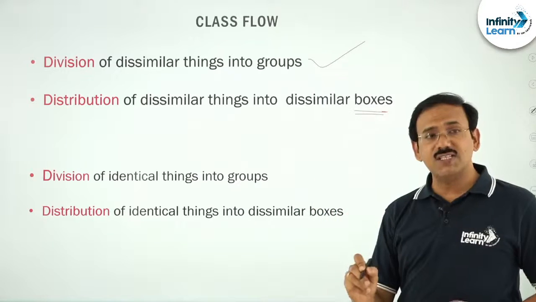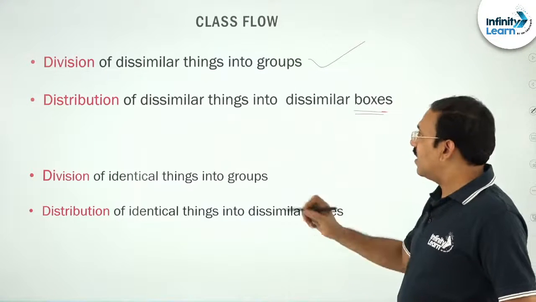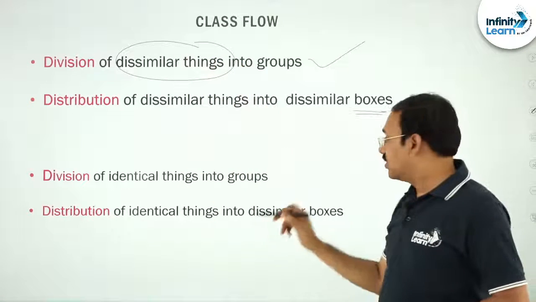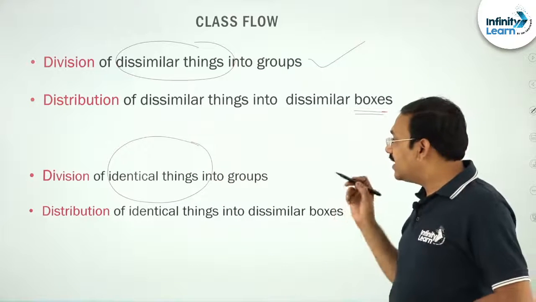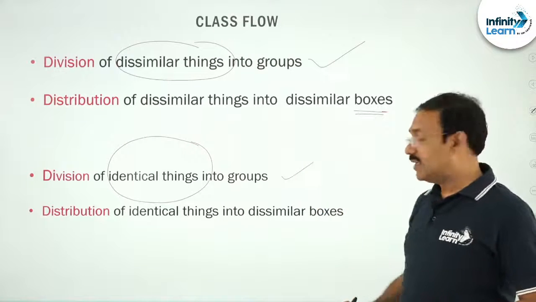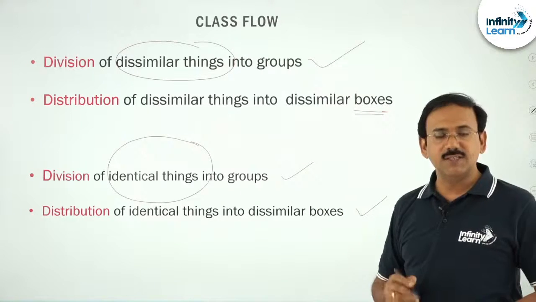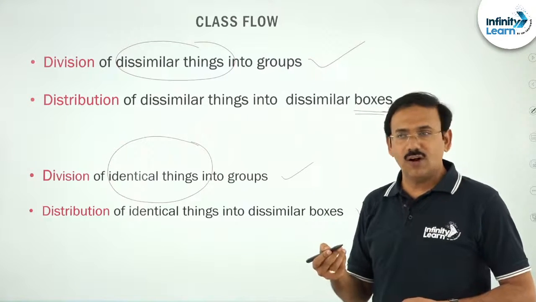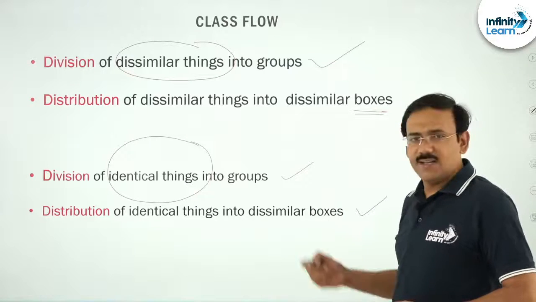Division is different, distribution is different. Here I have taken dissimilar things. The second case is identical, similar things. In this case, how to do the division into groups and distribution into dissimilar boxes, and after that I want to extend this concept a little more, based on the time, right dear students.